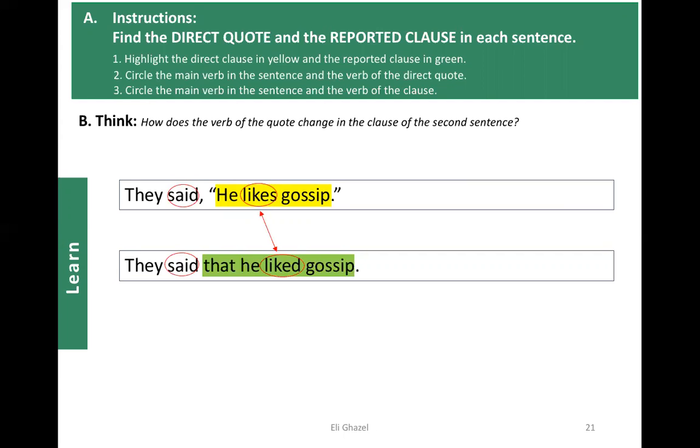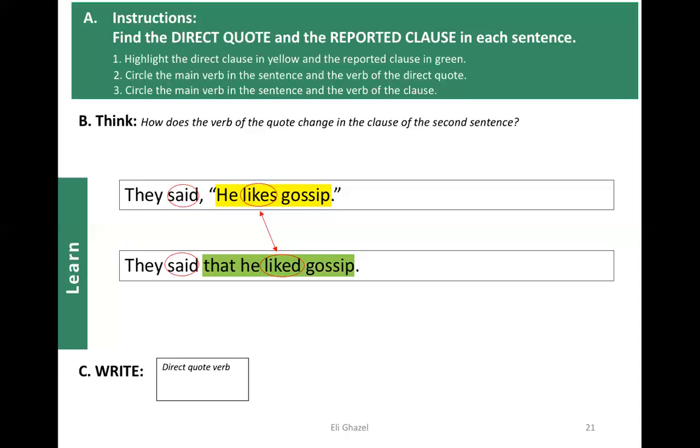Now let's look. We have to think this way. How does the verb of the quote change in the clause of the second sentence? It changes from likes to liked. Okay. How do we think about it? Well, we need to write this.